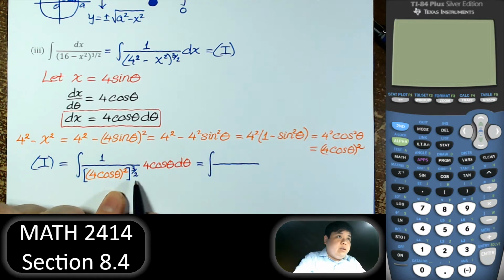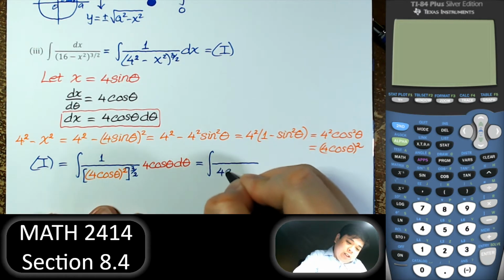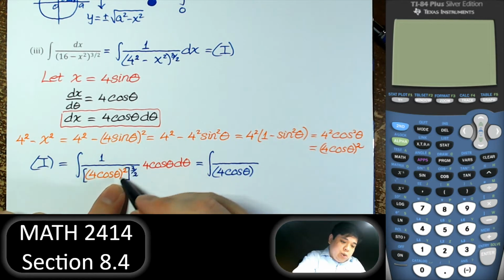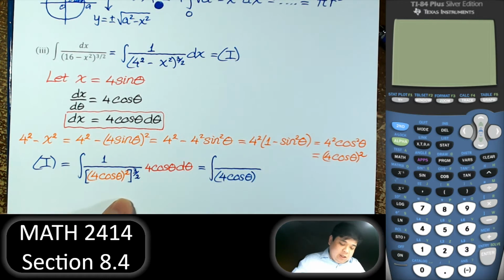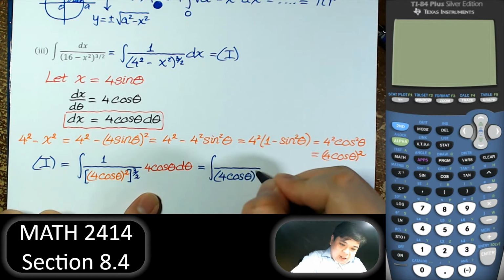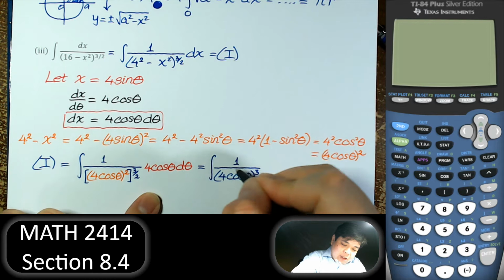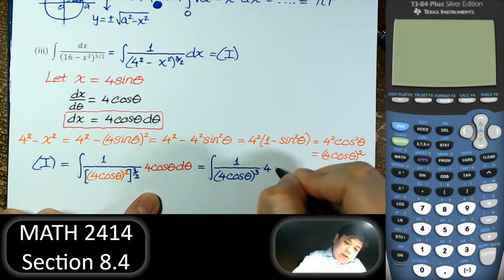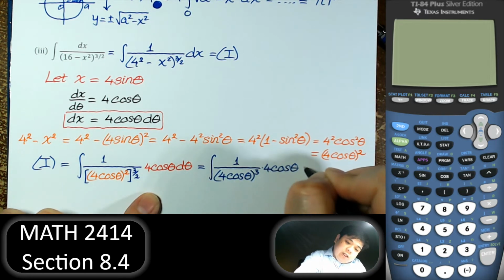Two and two cancel out, so I have 4 cosine theta raised to the 3rd power, and then for dx, cosine theta d theta.